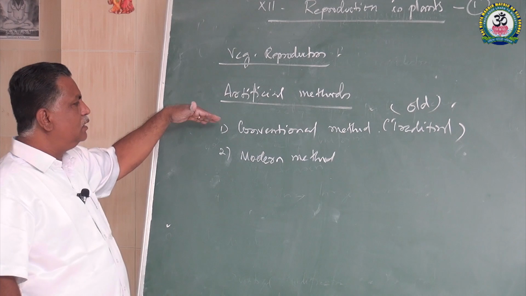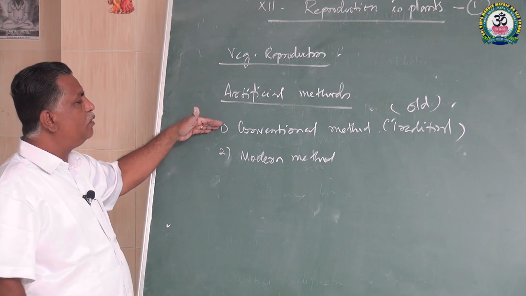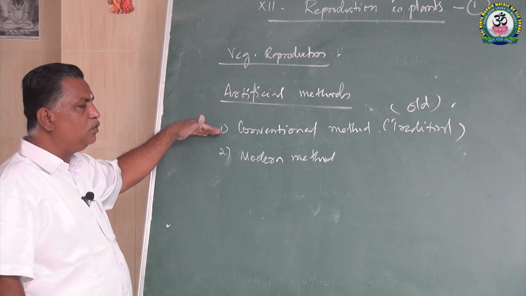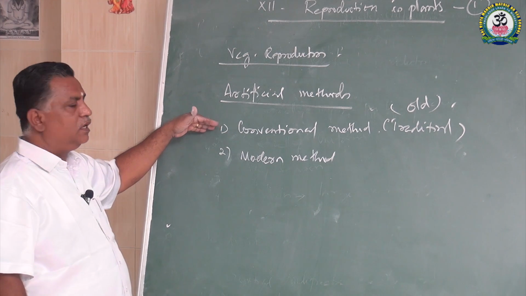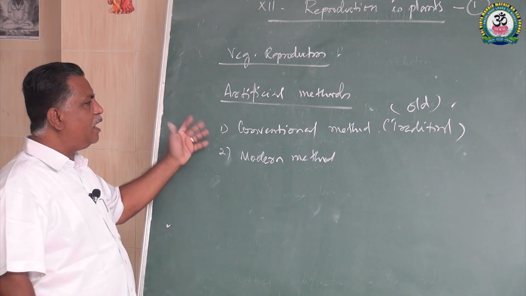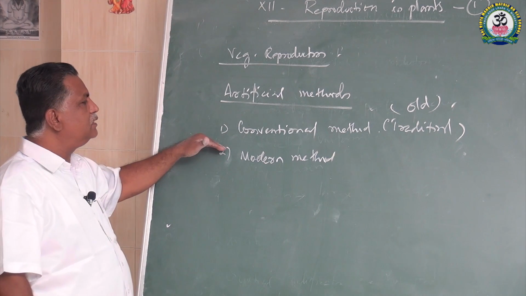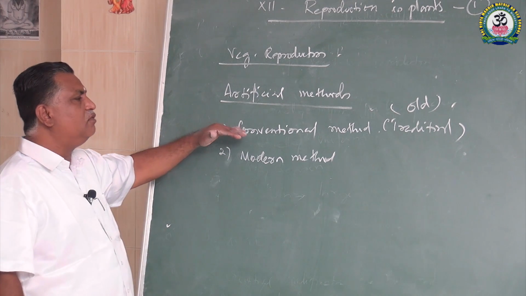They use those methods to produce new plants which are commercially useful, the plants having very important wanted characters to propagate. When they apply certain techniques over that, and this is used for a long time, that comes under conventional method.